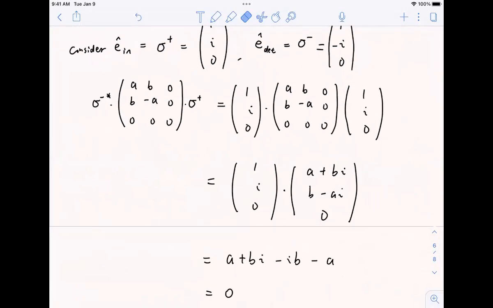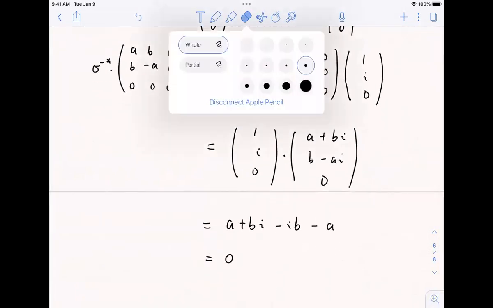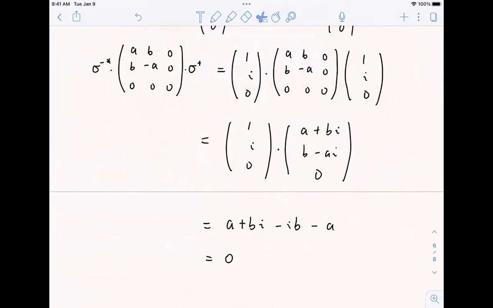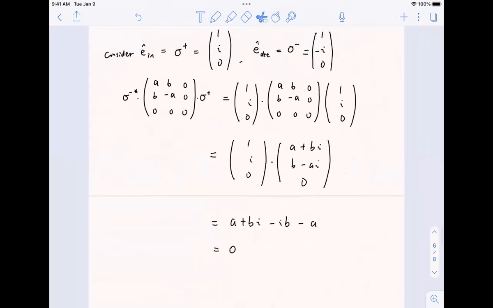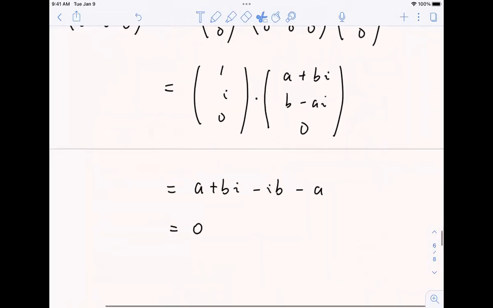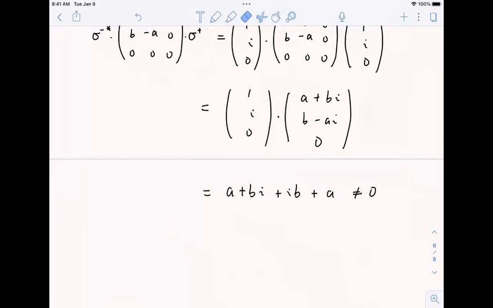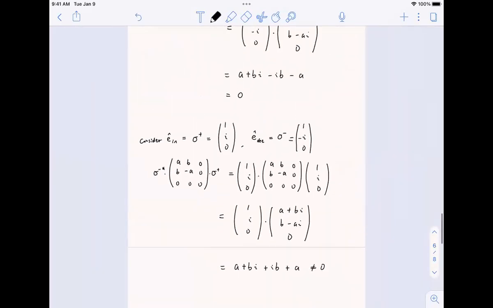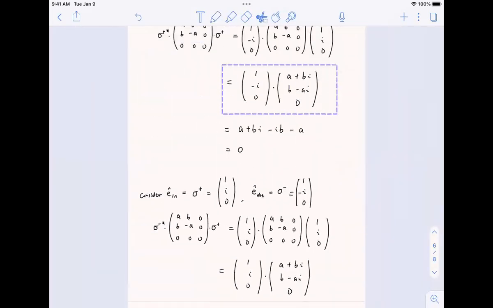Then this will be plus, and then it's just not 0. Okay, it's not 0. Anyway, I want to write it on the same page.